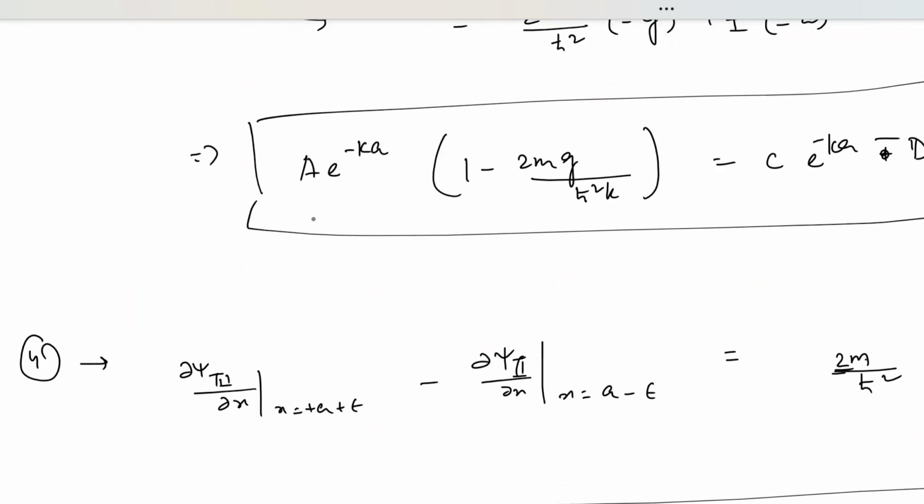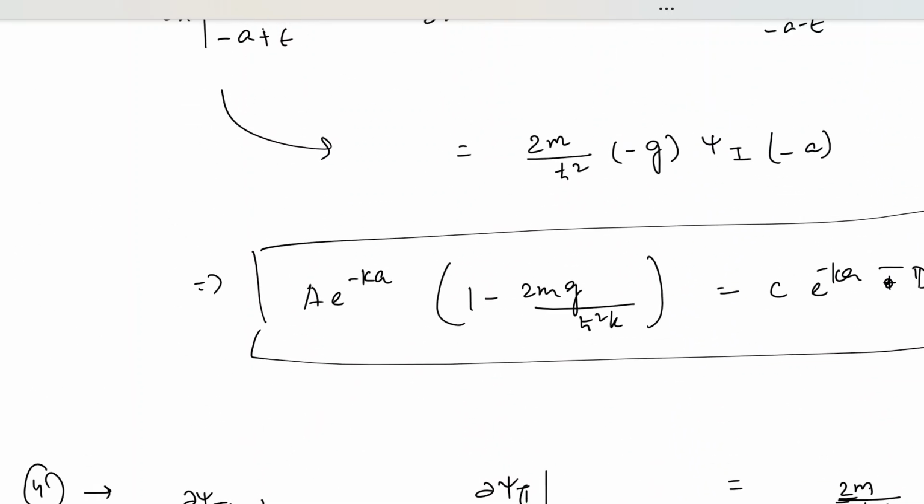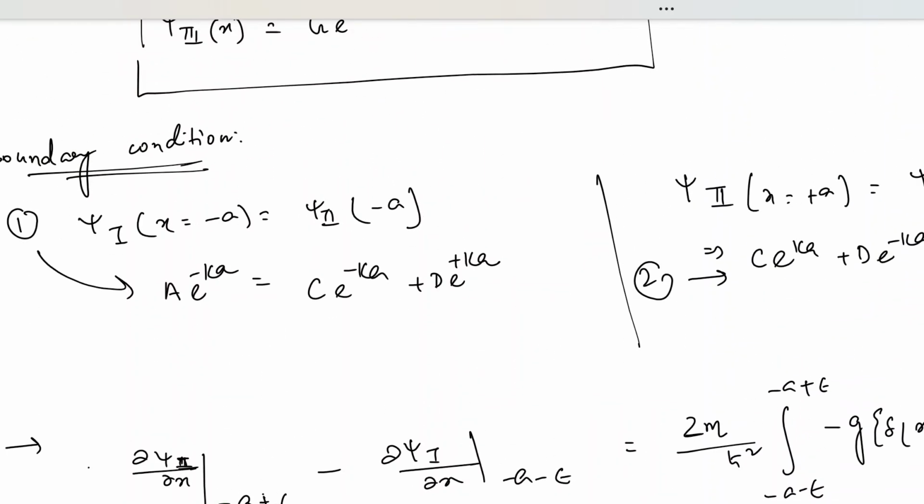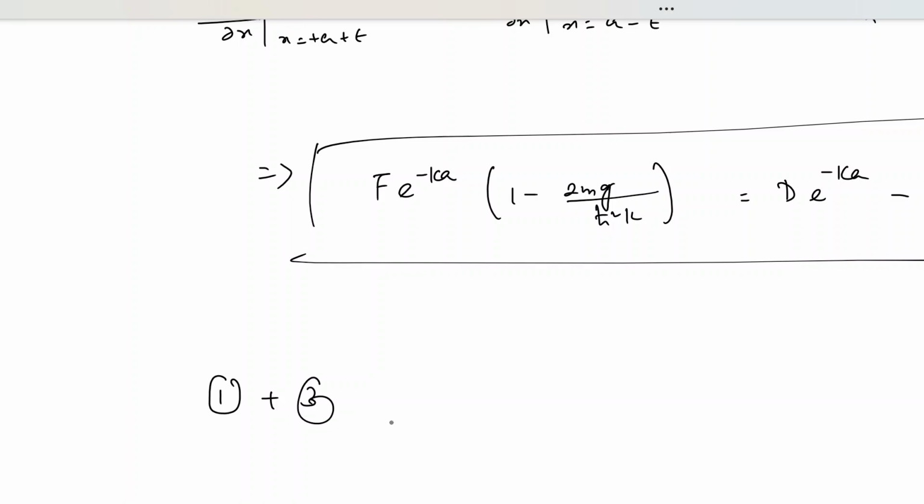Now you can deal with 1 plus 3, which is basically 3 is this, 1 is this. So then we will be having a simplified form in terms of a and c, where you can express a and c in a relation, which is a into 1 minus mg by h cut squared k equal to c, which is equation number 5.